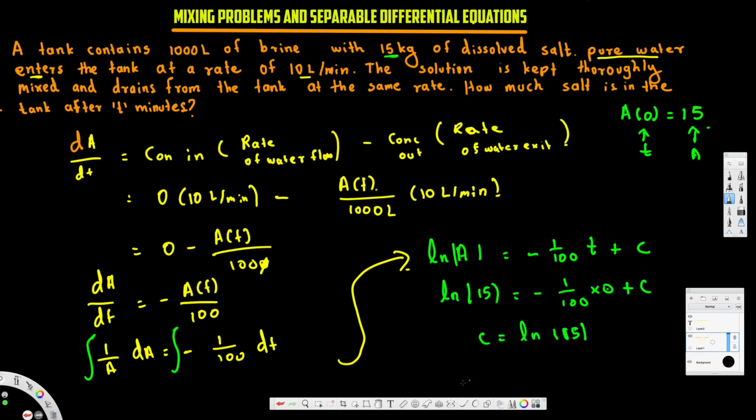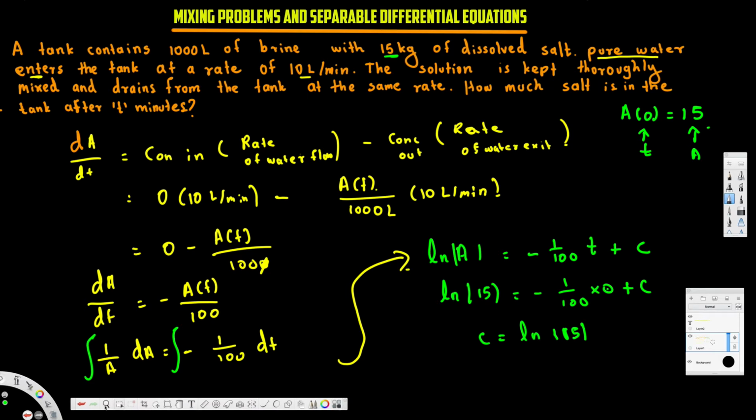So we can express our particular solution right now. Here we just have to replace this C with ln of 15. So ln of A is equivalent to negative 1 over 100 t plus ln of 15.